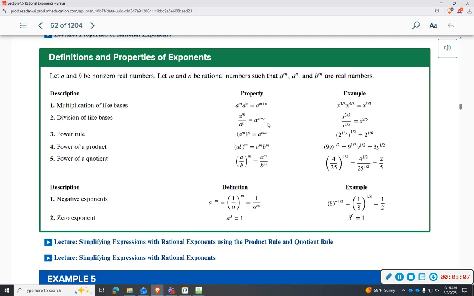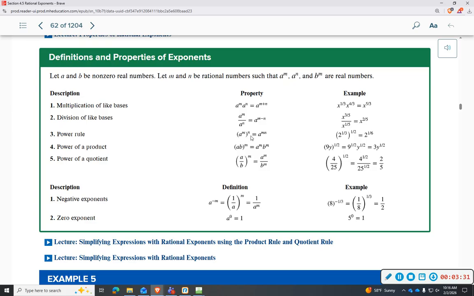Jot these down, put them in your notes so that you can know what steps to take and what each property does. So if you're multiplying 2 exponential terms with the same base, you add the exponents. Dividing 2 exponential terms with the same base, you subtract.